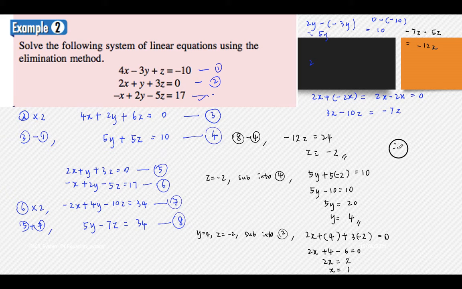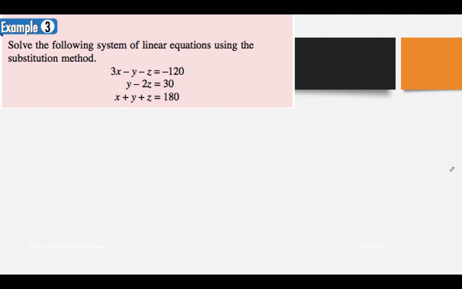So therefore, you kena dot dot dot therefore, your answer will be x equals to 1, y equals to 4, z equals to negative 2. Habis, so you dapatlah solution. Right? This x equals to 1, y equals to 4, z equals to negative 2 are the solutions to the system of linear equation. Okay, now.